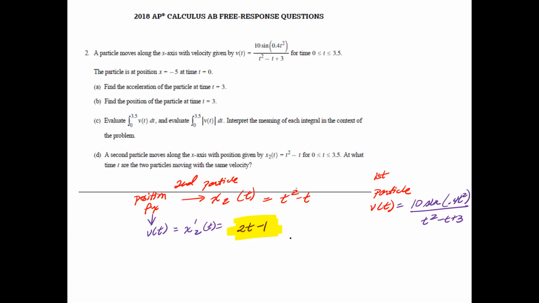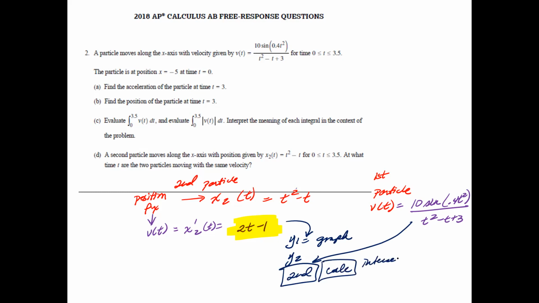I would suggest that you go to y1 in the graph section. Make sure you graph y1 and y2 of both of these equations, and then click second calc and then intersection to see where the two graphs intersect.